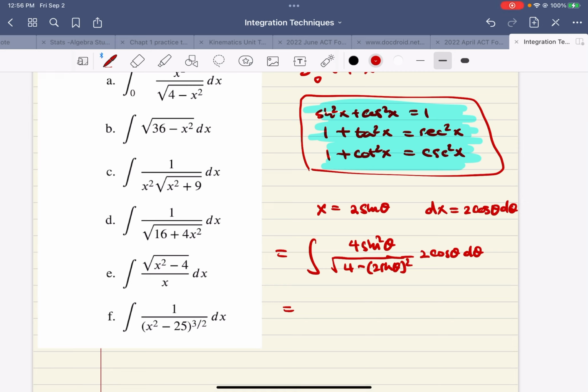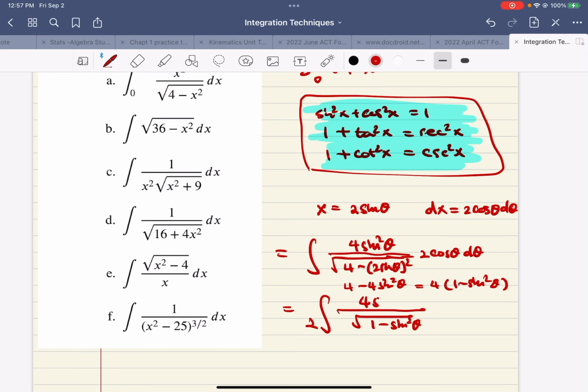So now, the integral. This is basically 4 minus 4 sine square theta. When you factor out 4, 1 minus sine square theta, inside the square root. So you can take root 4 out, so 2, and then the square root of 1 minus sine square theta.